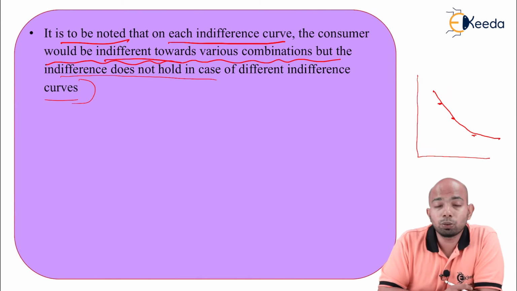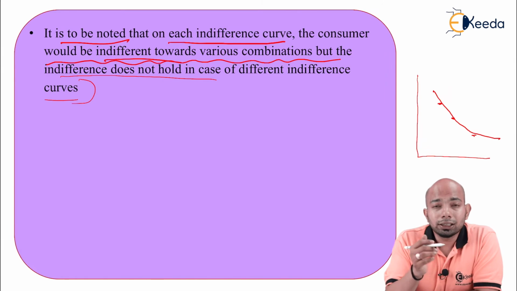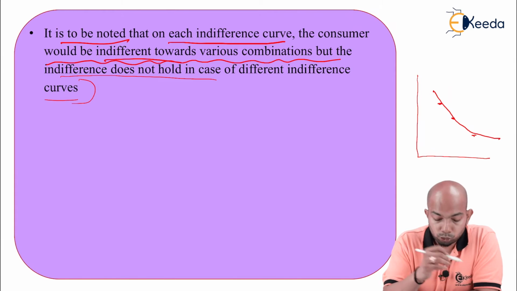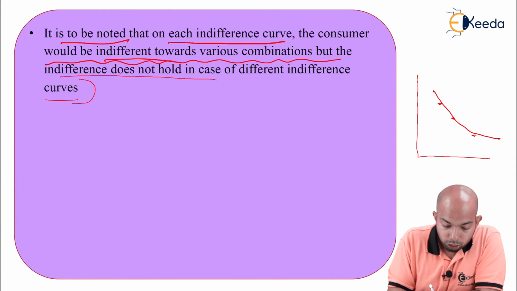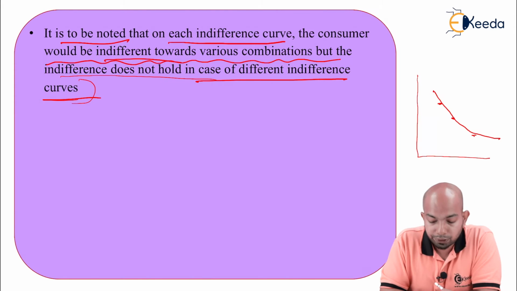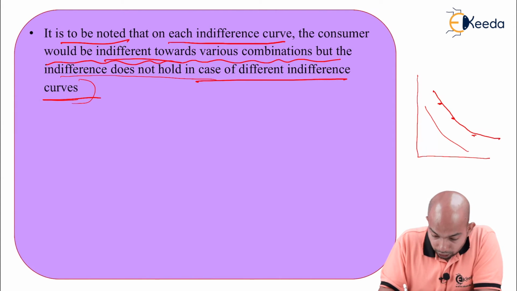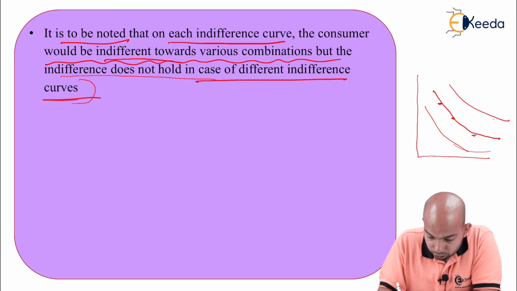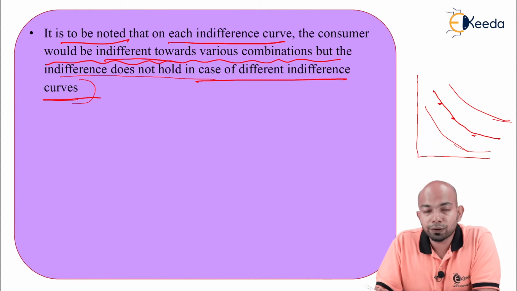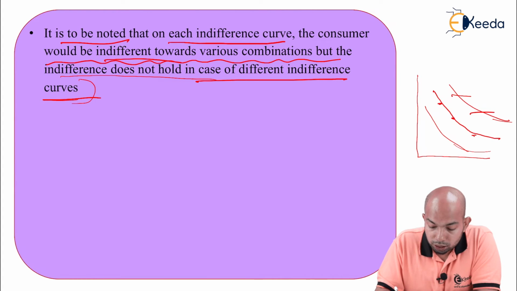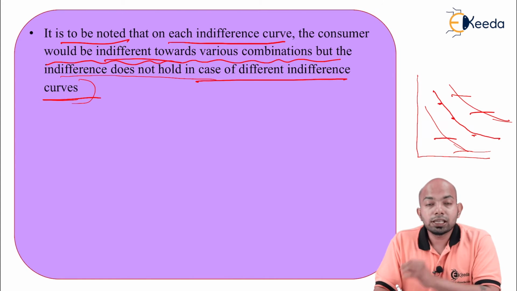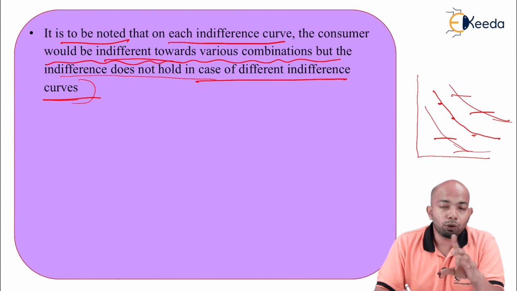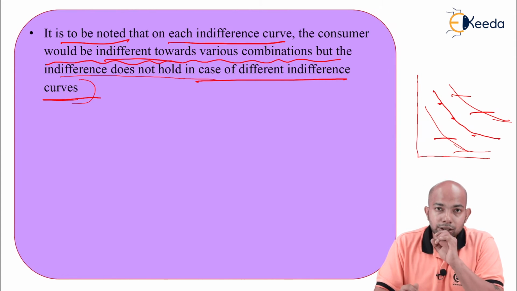Hence, the consumer would have no preference. But the indifference does not hold in the case of different indifference curves. If you have many indifference curves here, this concept of similar satisfaction on any point does not stand true.